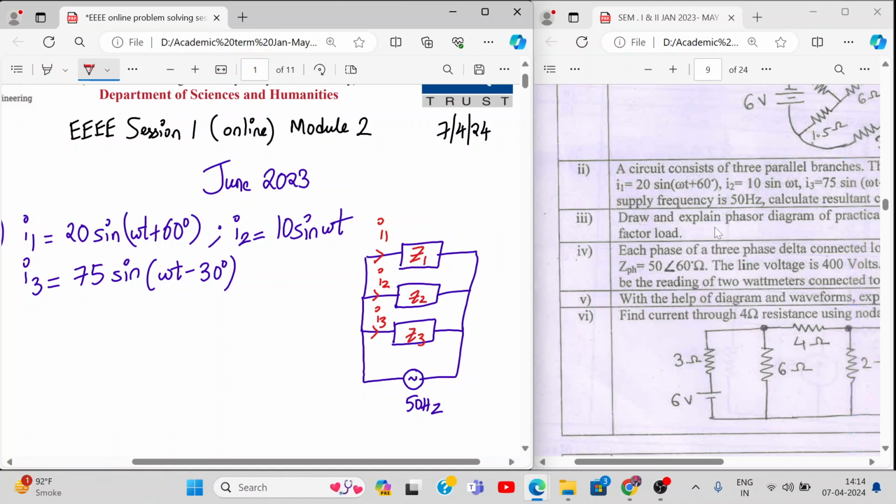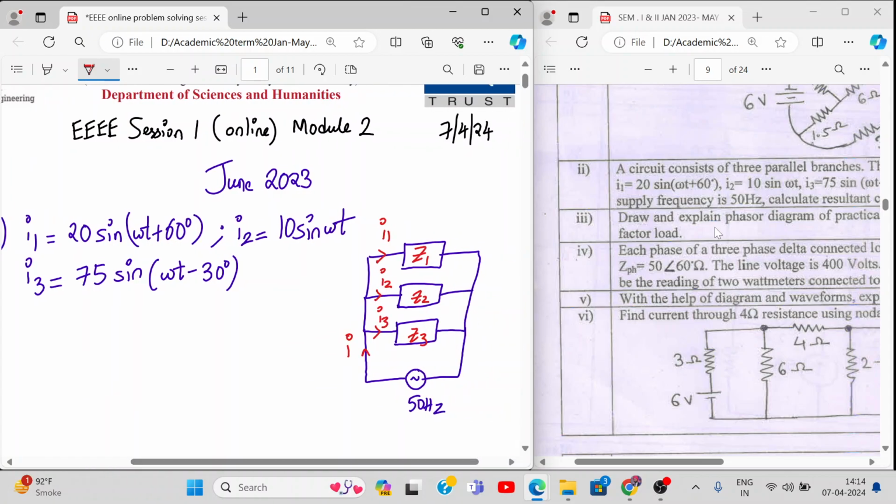They are in parallel. So can you tell me what will be the total current now? In a parallel network current gets split up, right? So what is the resultant current I? Current I is I1 plus I2 plus I3. Yes or no?